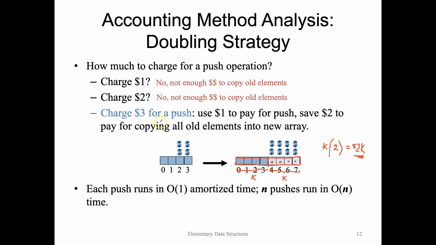So because we charged $3 here, the total cost that we ended up paying, T of n, okay? We ended up calling this function n times.